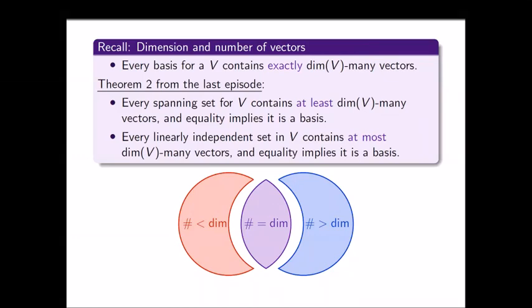We also learned that if we have a subspace V and we know its dimension, then every basis for V is going to contain exactly dim V many vectors. That tells us that every spanning set for a given subspace V contains at least dim V many vectors, and every linearly independent set in V contains at most dim V many vectors.